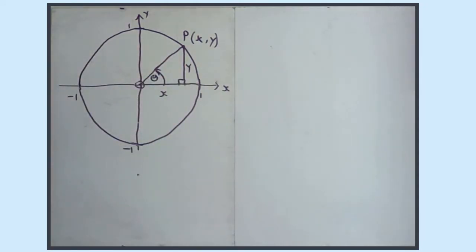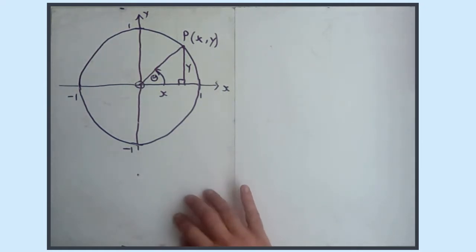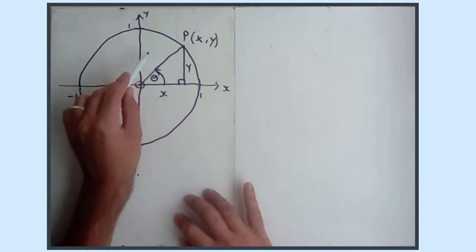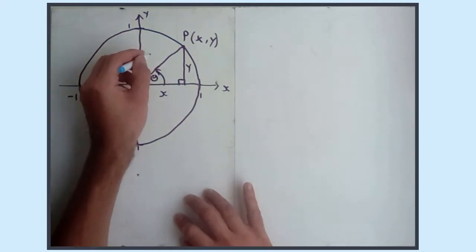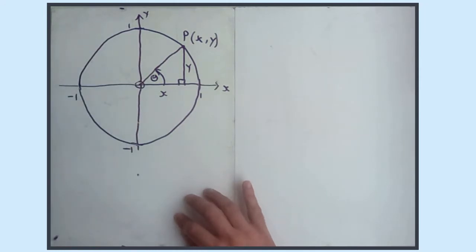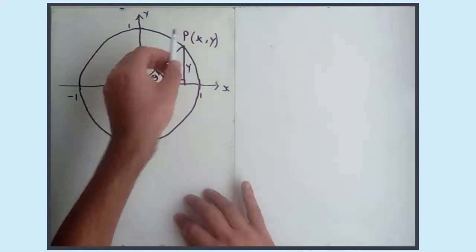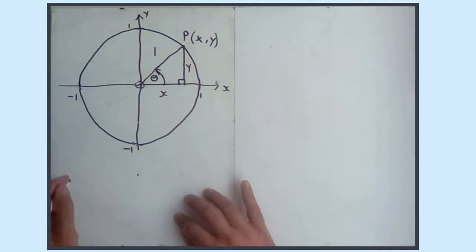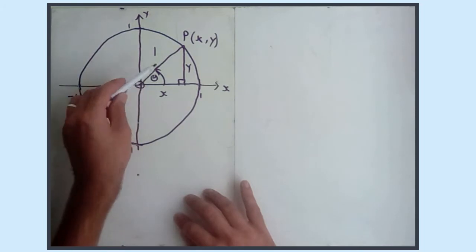So if we write a couple of things down that we know, using your SOHCAHTOA, you should know that sine theta equals opposite over hypotenuse. We do know the value of the hypotenuse. It's a unit circle, so the radius is 1. So whichever direction we go off in, this has a length of 1. So sine theta equals opposite over hypotenuse.